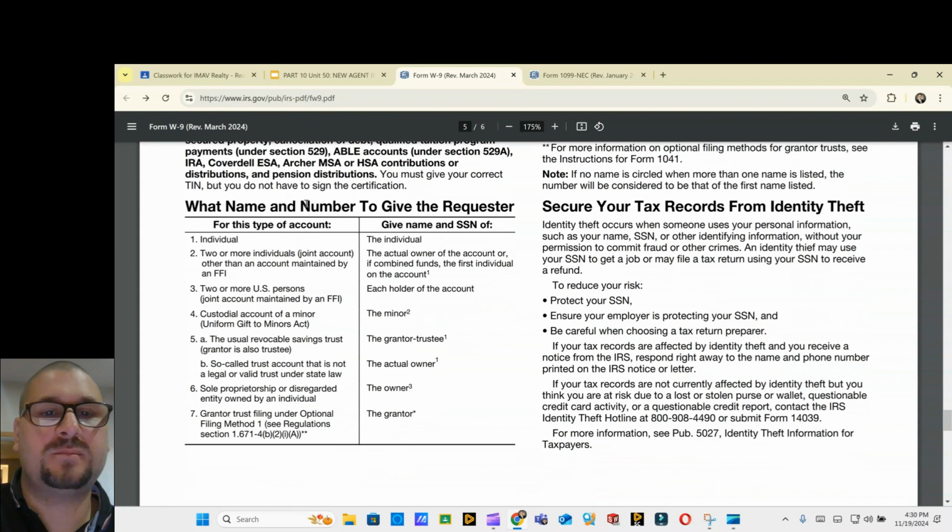What name and number to give the requester. So for this type of account: give the individual, 2 or more individuals, 2 or more U.S. persons, custodial account, the usual revocable savings. Okay, give the name and Social Security number of the individual, each holder, the minor, the grantor, the actual owner.